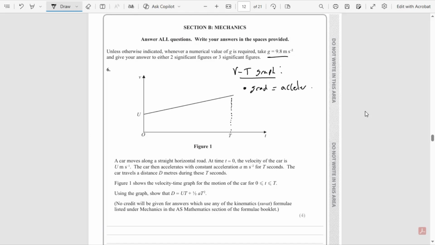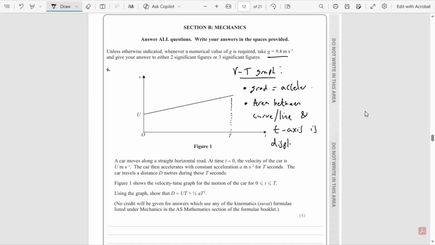The car travels a distance of d meters during these t seconds. So also with a velocity time graph, remember that the area between the curve or line and the t-axis, the time axis, is the displacement.